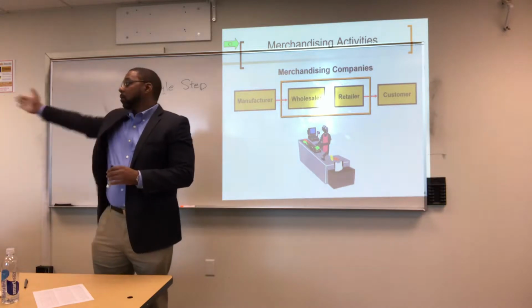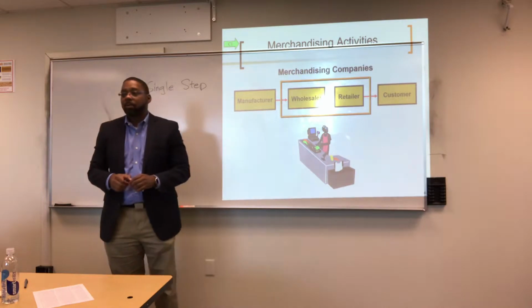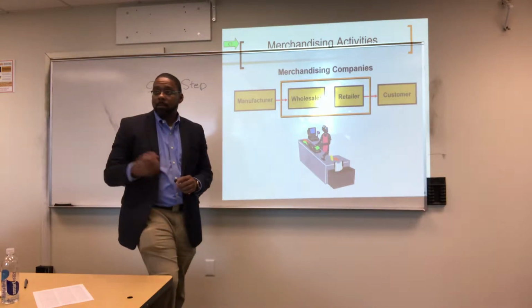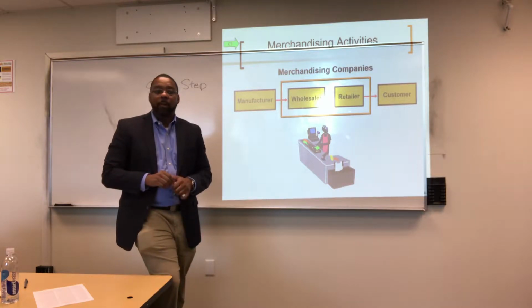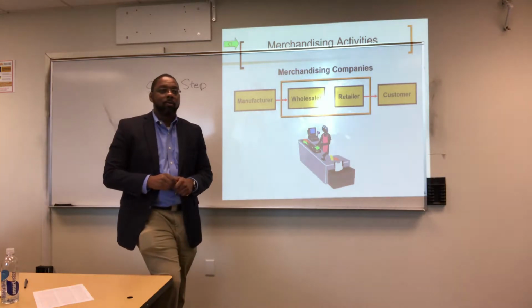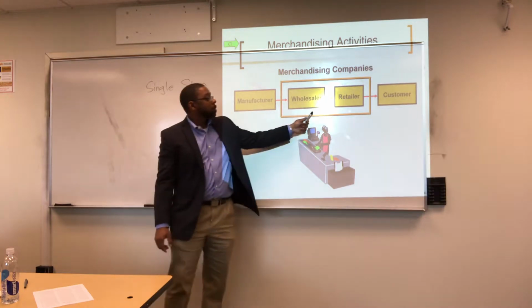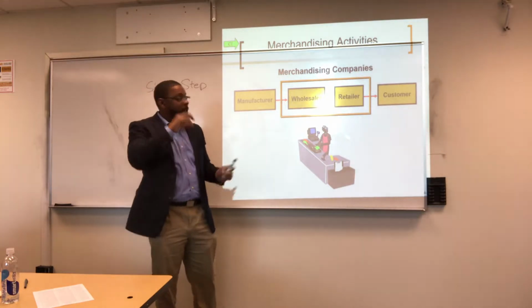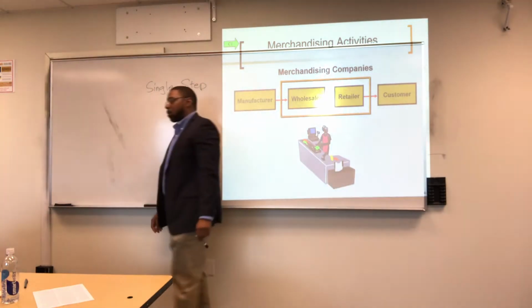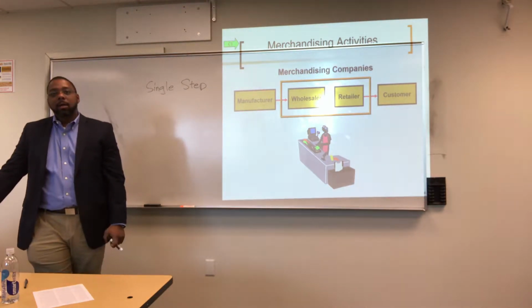So your local Walmart will buy the Tide in bulk from Procter & Gamble, and then break it down into smaller bite sizes, which you and I, the consumer, can take. Everyone with me? So Walmart is the middleman between the company that creates the product and the customer.